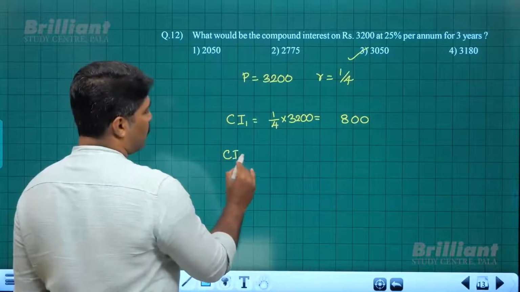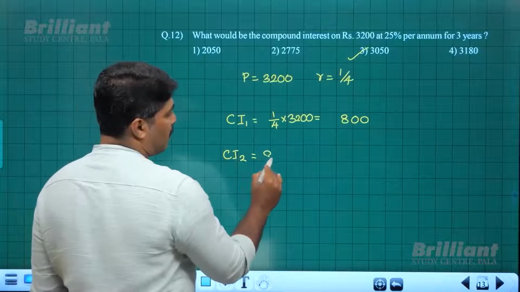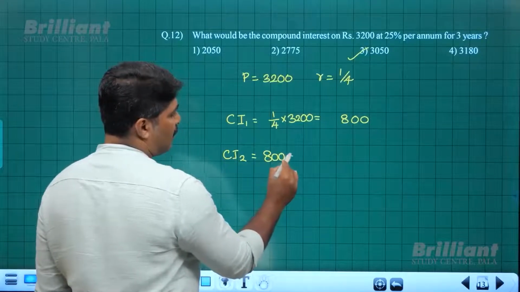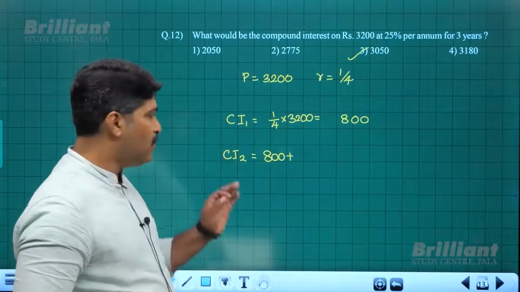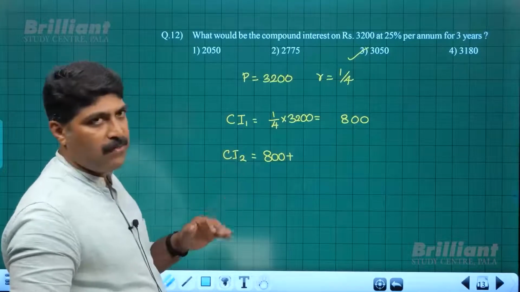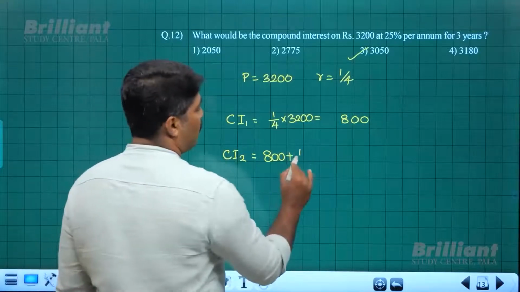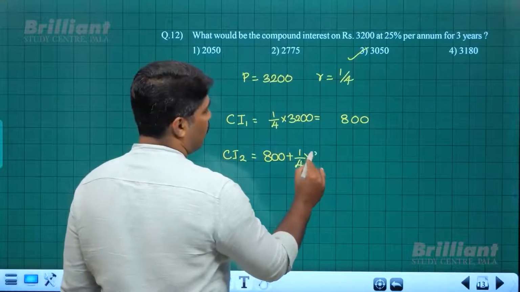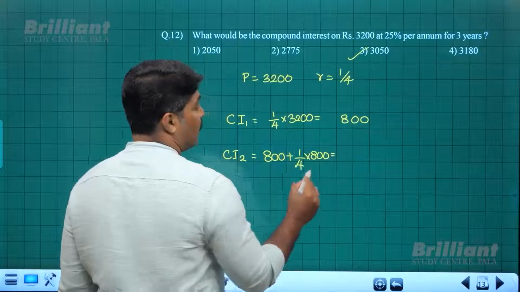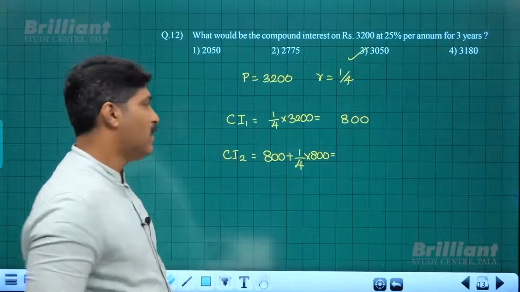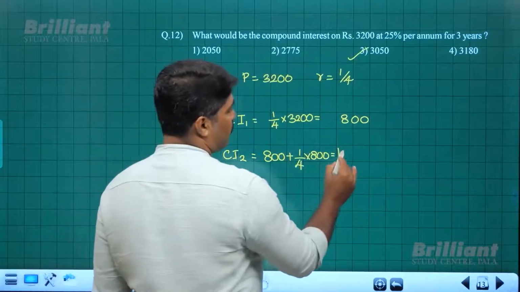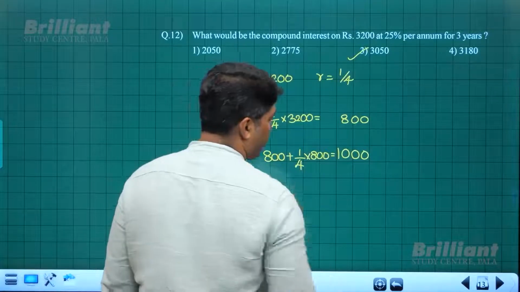And the second year's interest, we are going to find out. That's the first year's interest plus 1/4 of that value. So what is 1/4 of 800? That's equal to 200. So while we are adding this one, this is 1000.